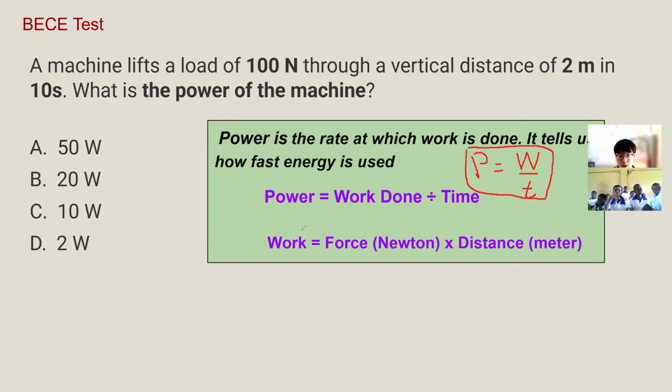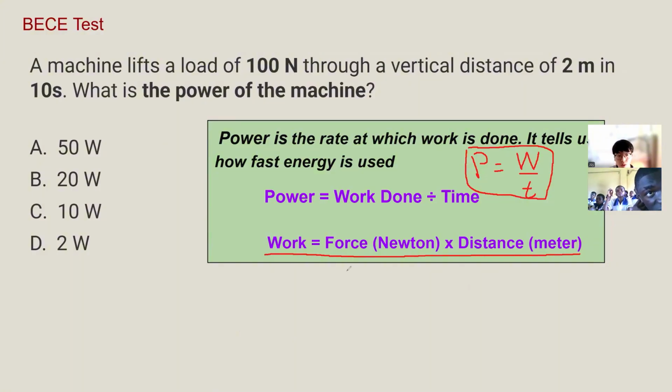So work needs to be force times distance, I put here. What is work? Did you say D? Okay, let's see.